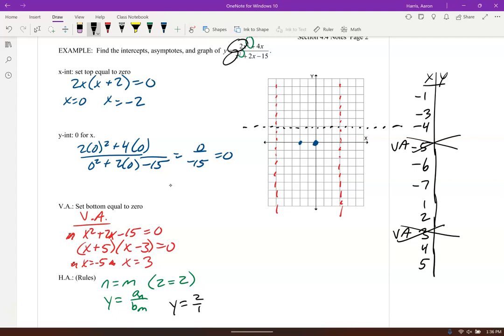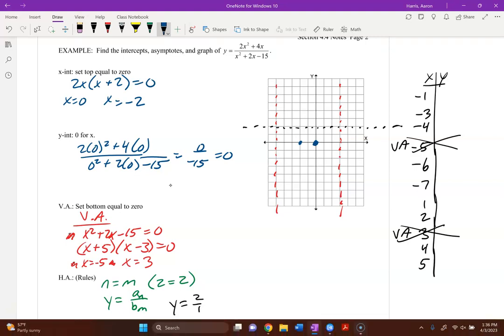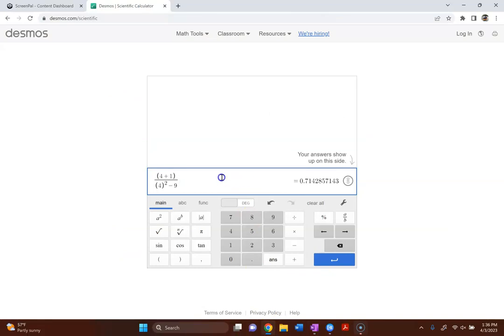You could use your calculator again if you want to: 2x squared plus 4x divided by x squared plus 2x minus 15, right?